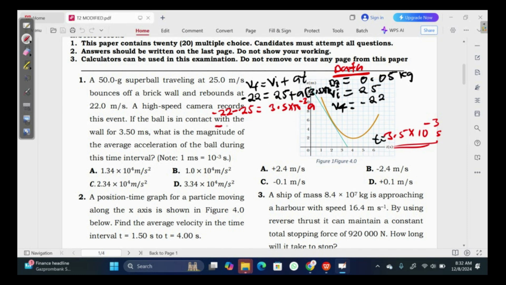Negative 47 being equal to 3.5 times 10 to the power negative 3 a. Divide both sides by 3.5 times 10 to the power negative 3. Therefore, acceleration will be equal to negative 47 divided by 3.5 times 10 to the power negative 3.